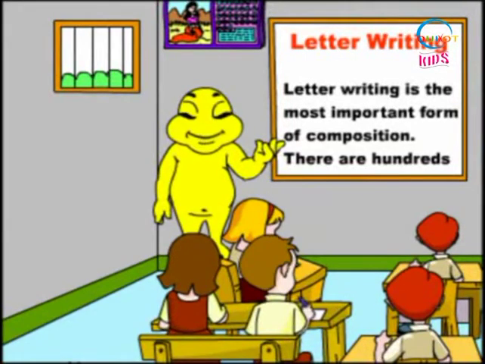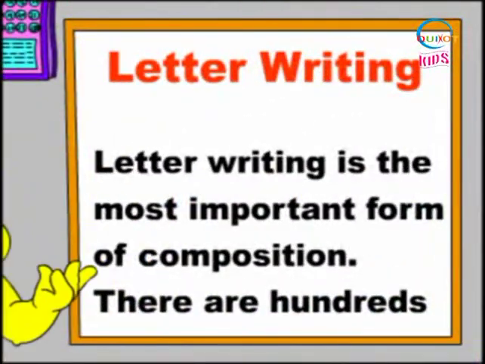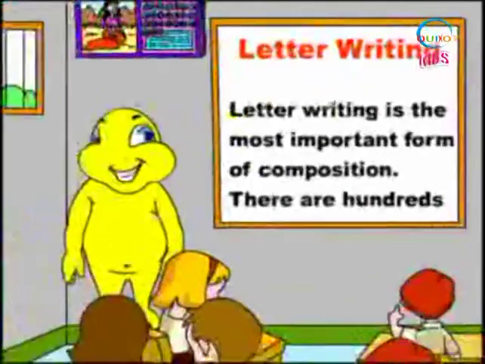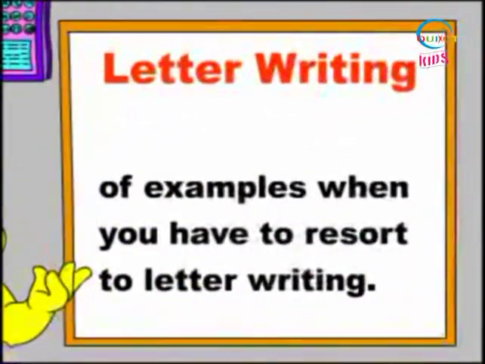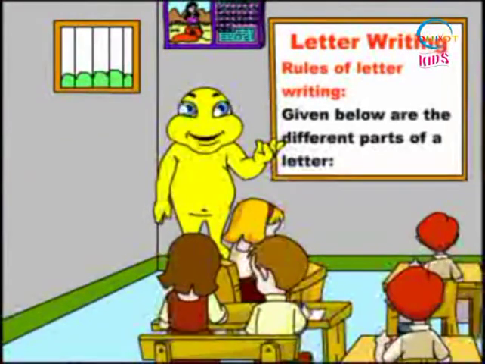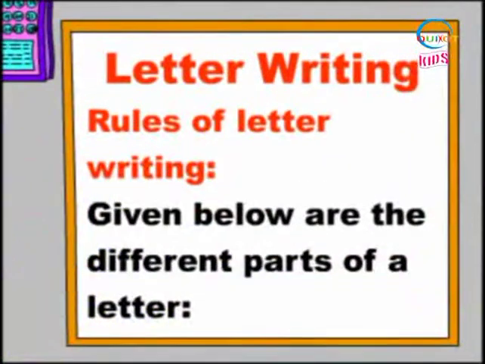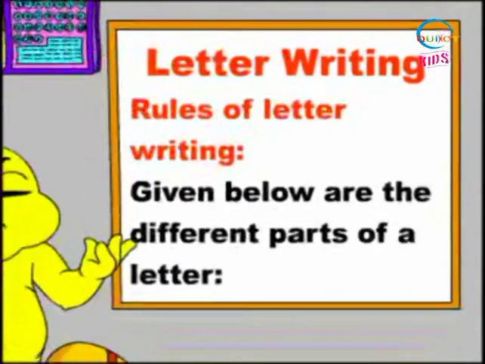Letter writing. Letter writing is the most important form of composition. There are hundreds of examples when you have to resort to letter writing. Rules of letter writing. Given below are the different parts of a letter. 1.